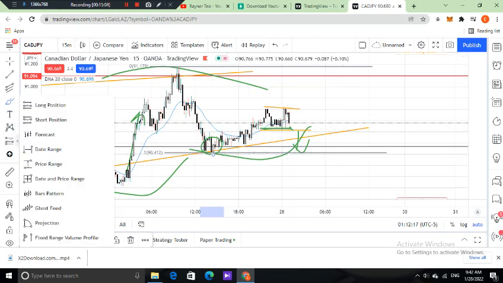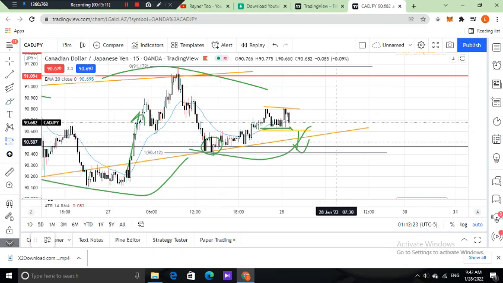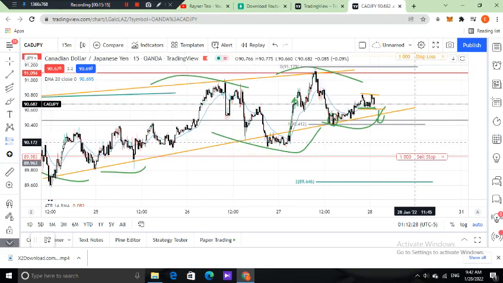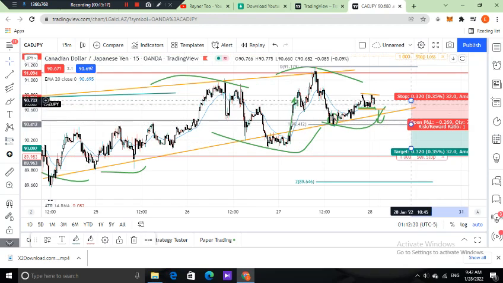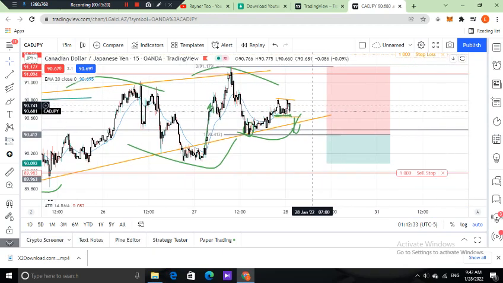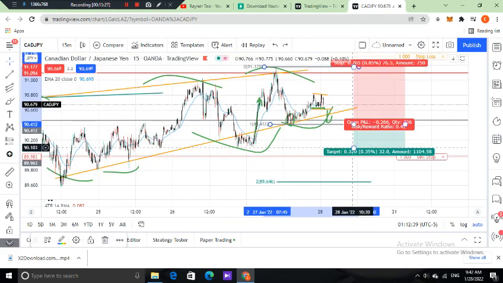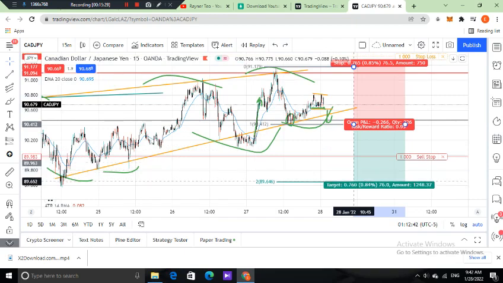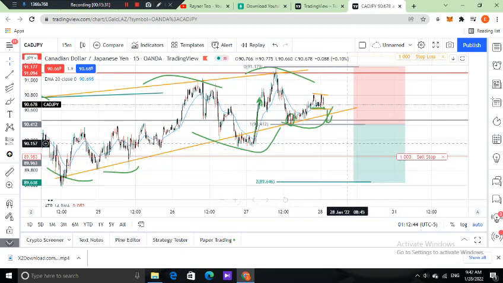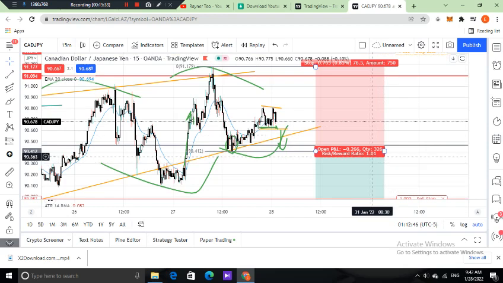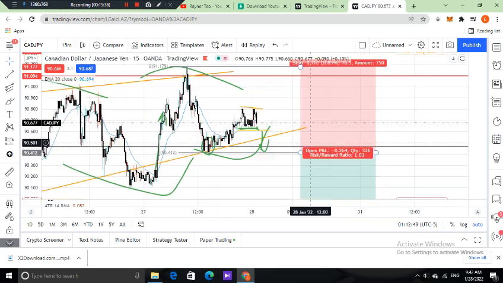If you want to trade short term and enter the position here, even if you put your stop loss at this level, which is crazy, I don't usually do that, but even if you do so, you can get a winning risk to reward ratio of 1.